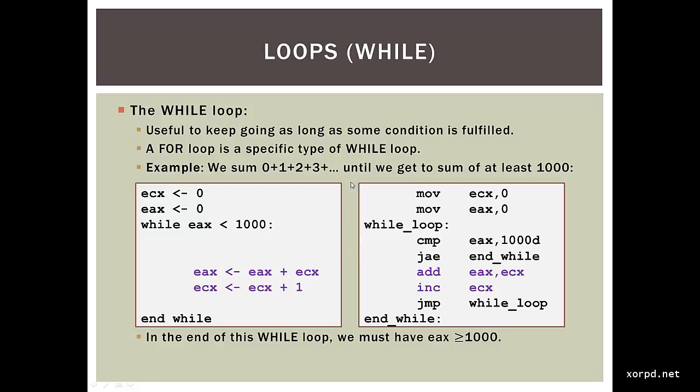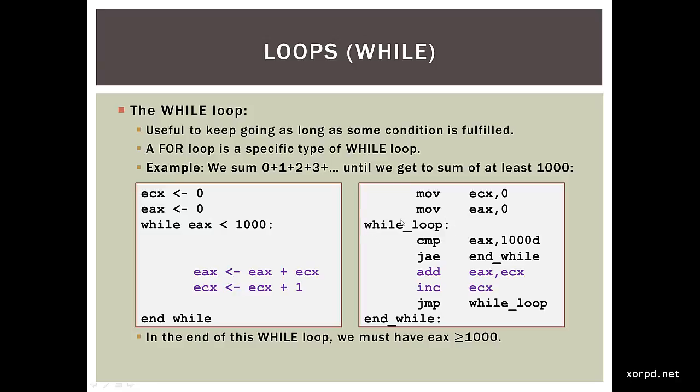Let's take a look at what happens in the assembly code, the equivalent assembly code. We can see that those two commands, zeroing ECX and EAX, are pretty much equivalent to those two move instructions. Then we have the while loop, which begins with this label.